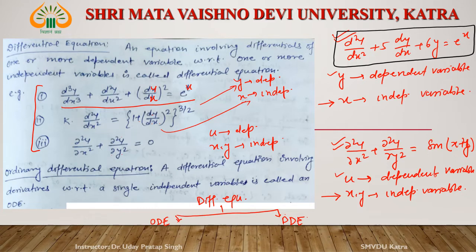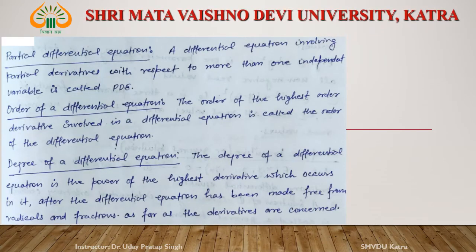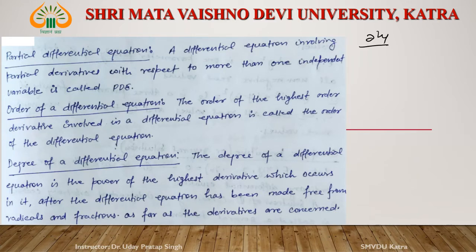Okay. And second one is partial differential equation. If the derivative of a dependent variable is with respect to two or more than two independent variables. For example, dou 2u by dou x2 plus dou 2u by dou y2 is equal to e to the power x plus y. Okay. What is u?